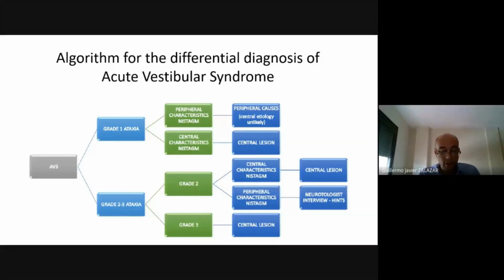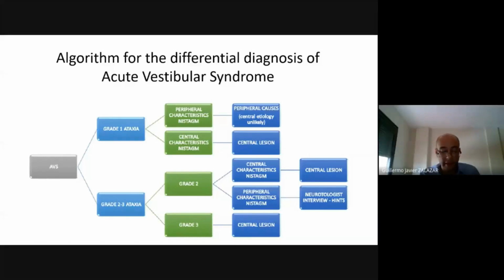If there is grade 1 ataxia, it is most likely a vestibular syndrome of peripheral origin, but examination for characteristic nystagmus might help. If there is grade 3 ataxia, we know that we are dealing with a lesion of central origin.